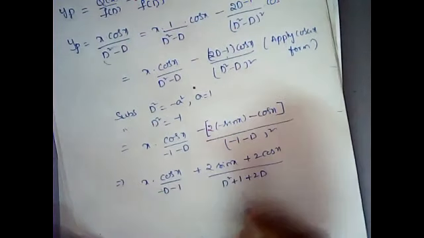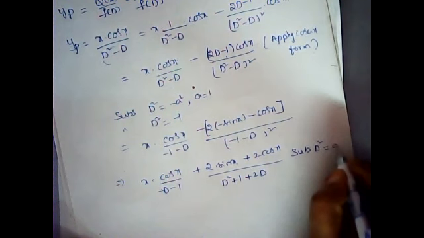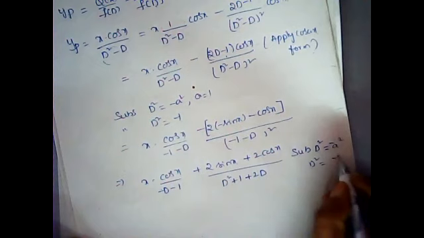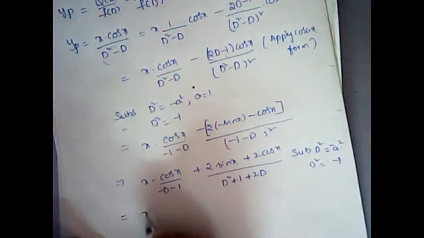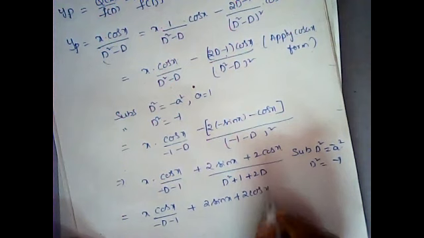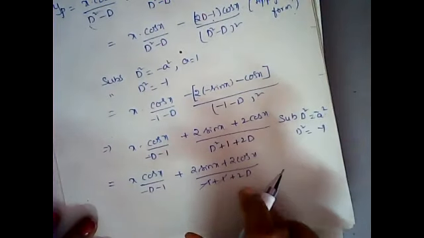Okay, now again we need to substitute D square is equal to minus a square. So D square is equal to minus 1 here, which will be x into cos x by minus D minus 1 plus 2 sin x plus 2 cos x by minus 1 plus 1 plus 2D. So minus 1 plus 1 will be a constant, 2D will be there.